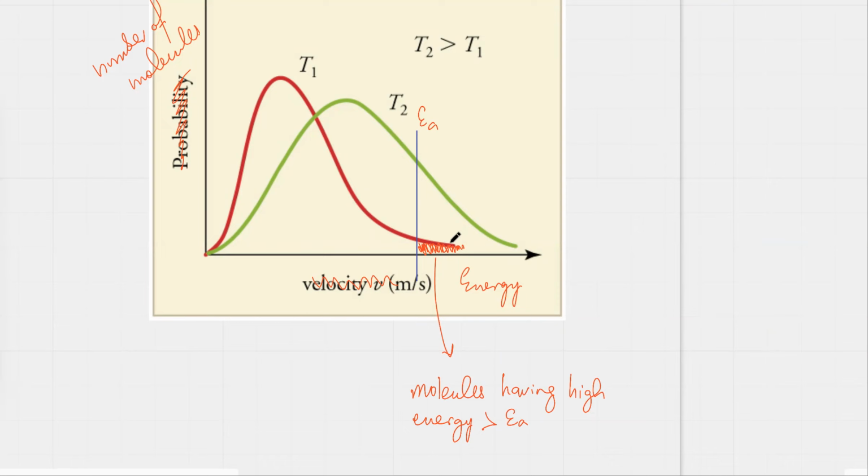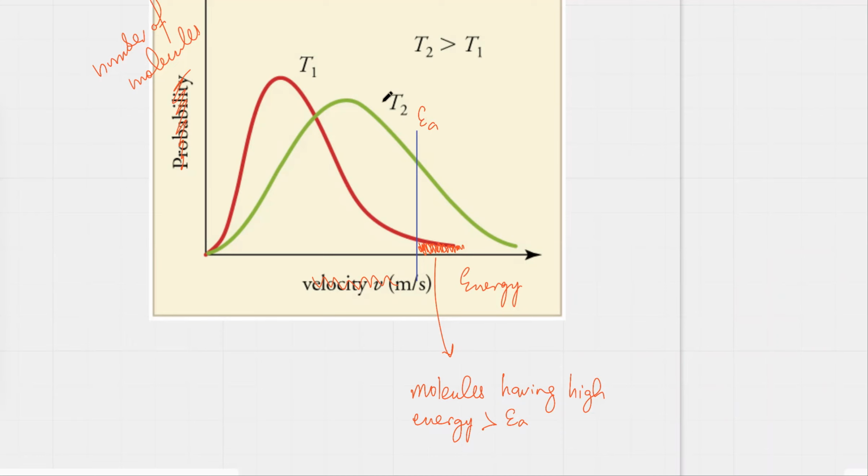But you can show the effect of a catalyst. You can show the effect of increasing temperature, decreasing temperature, and you can show the effect of a catalyst. What you can't show is the effect of surface area or the effect of increasing pressure or changing concentration. Those effects cannot be shown over here.